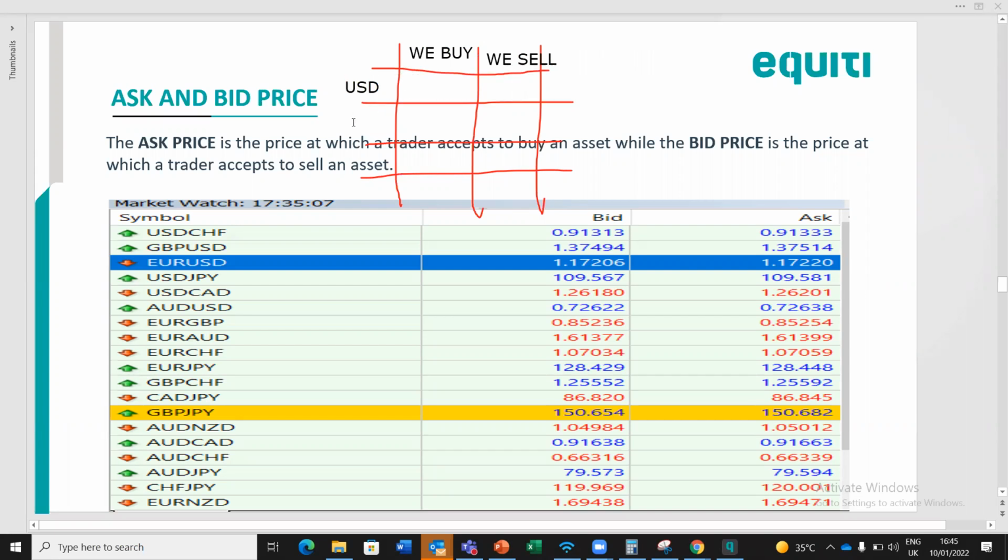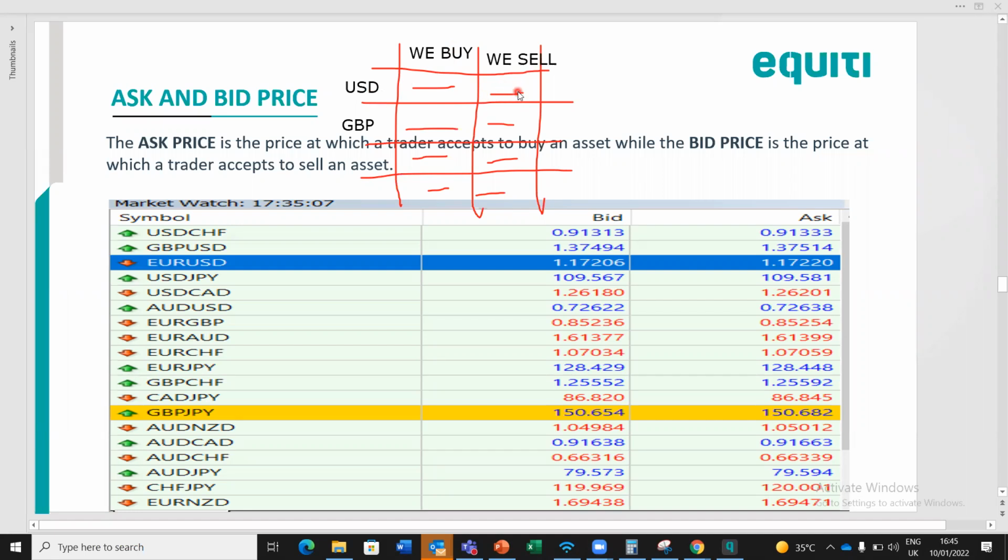You can see here the GBP, Great Britain Pound, and they list how much they want to buy from you and how much they want to sell to you, along with other assets being listed. This is how the exchange rate board looks when you get into the bank. For United States dollar, this is the amount we want to buy from you, and this is the amount we would sell to you if you want to buy from us.